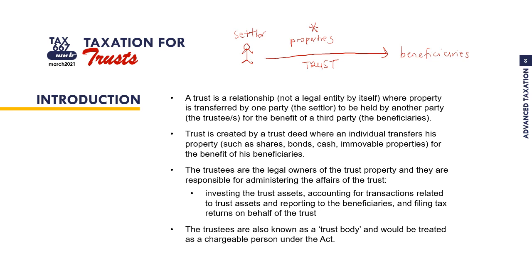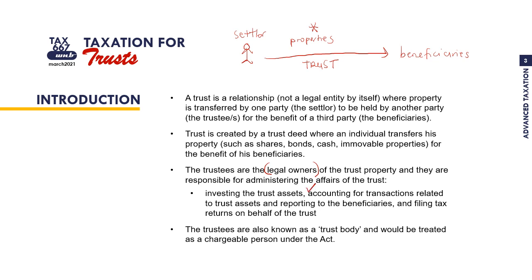Here the trustees are the legal owner of the trust property and they are responsible for administering the affairs of the trust before the trust properties are distributed to the beneficiaries. The trustee is the legal owner, which means the trustee is responsible to invest the trust asset.